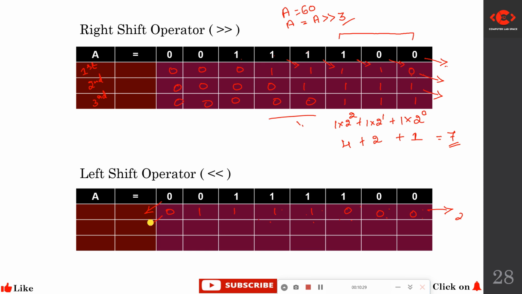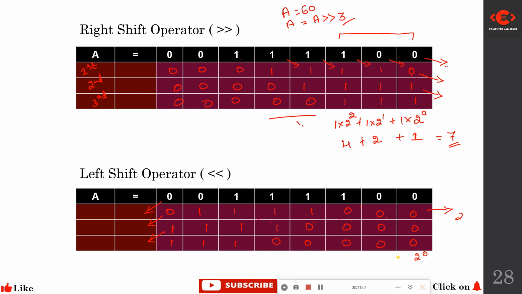Shifting the second time, again you are going to ignore this bit, so you're left with 1 1 1 1 0 0 0 0. The remaining bits you need to append with 0. Then after shifting thrice, you're going to ignore this bit, the remaining you're going to get is 1 1 1, and then you append zeros.